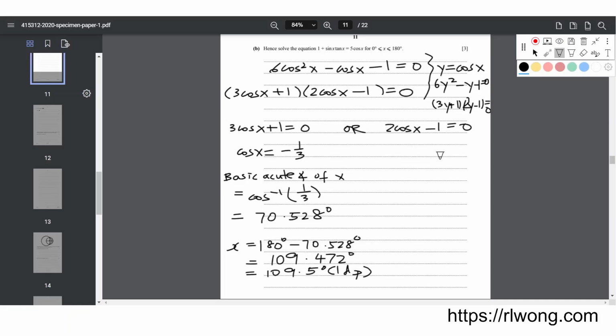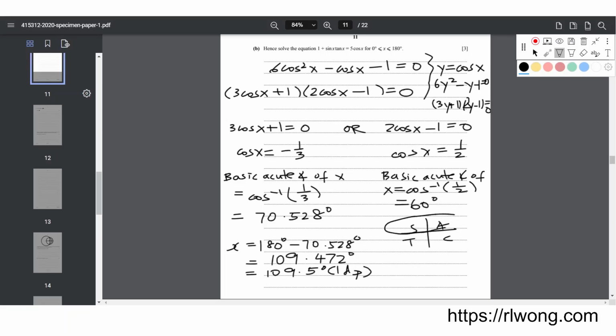Similarly, I'll do the same for this. So I'll need to write cosine x is equal to half. So the basic acute angle of x is equal to cosine inverse half, which is 60 degrees. Then I know that for this question, x is in the first and second quadrant only, and because cosine x is equal to half, I will only be looking at the first quadrant.